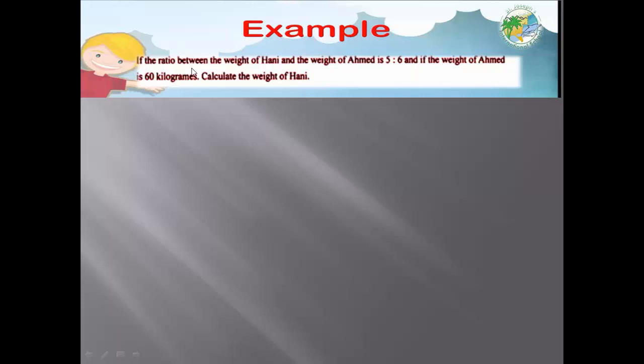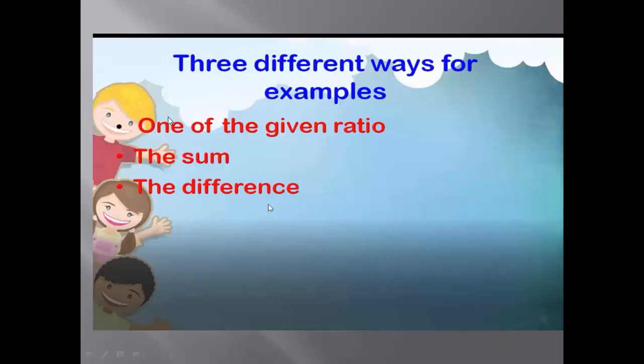If the ratio between the weight of Hani and the weight of Ahmed is 5:6, and if the weight of Ahmed is 60 kilograms, calculate the weight of Hani. Okay, this is the first part of this lesson: one of the given ratio.